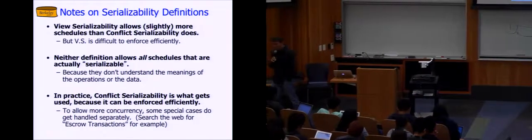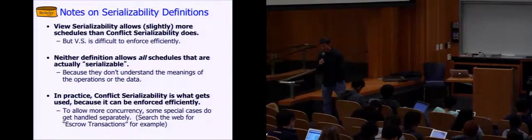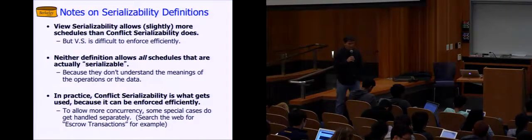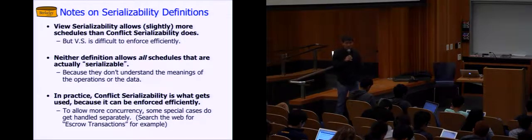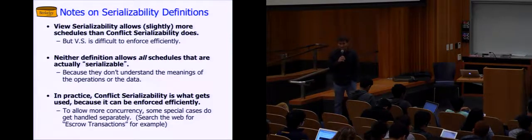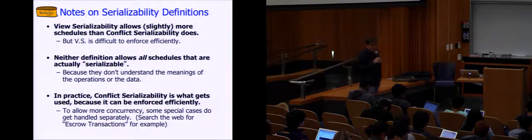And just to give you the flavor, escrow transactions reason about increments and decrements. The classic example is bank accounts. If you deposit $1,000 and withdraw $200, the net total is that you've added $800 to your account. And it doesn't matter what order you do them in, as long as your account balance doesn't go below zero. And in some countries, it's okay for your account balance to go below zero for a little while.